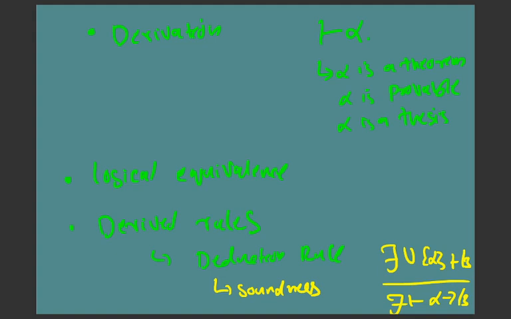We showed that the deduction rule is sound in the sense that if F union alpha proves beta is valid, then I can give a proof of F proves alpha implies beta without using the deduction rule. So there you can find a proof in the system AX itself, and therefore we can use it as a shortcut.